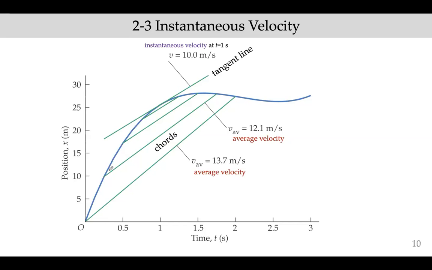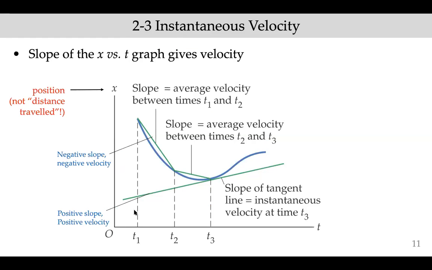But if you're interested in the average velocity between time equals 0.5 seconds and time equals 1.5 seconds, then you would use this chord and calculate the slope of that chord. So the slope of the position versus time graph gives us velocity.